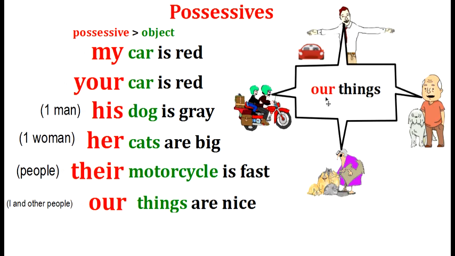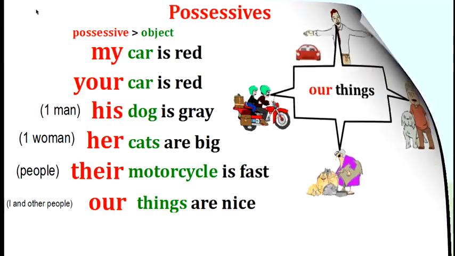So they use our things. Our things are nice. Okay, so remember the possessives. My, your, his, her, their, and our we use to describe the possessive of the object. Okay, let's practice.